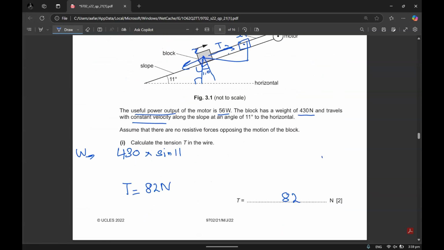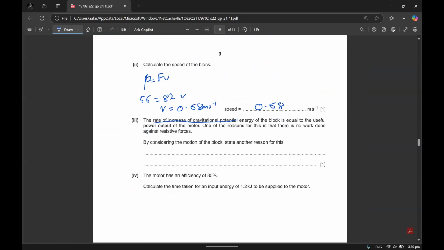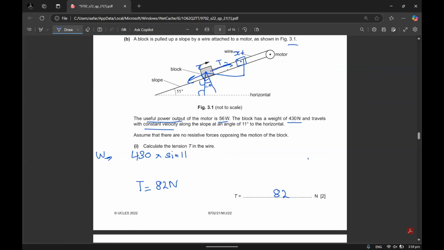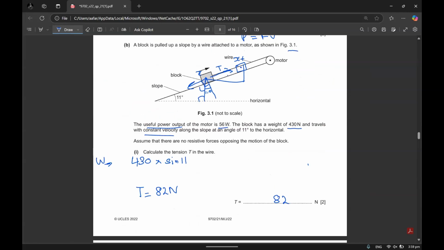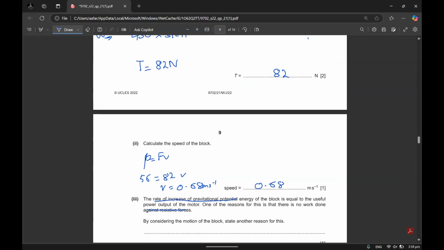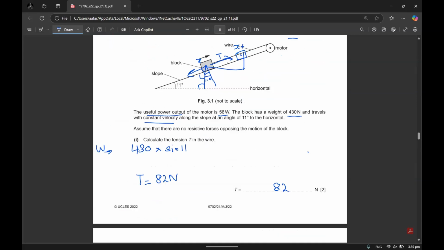We know what it's going to be, we can calculate this. We have the speed, useful power output of the motor, which is 56 watts. So it's basically saying that for every second it gains 56 joules of GPE, since there is no work done against resistive forces.